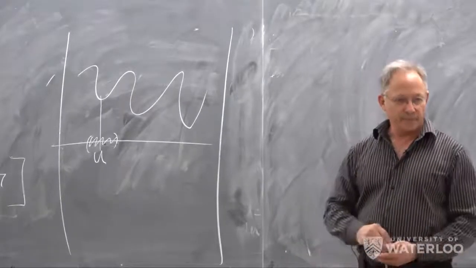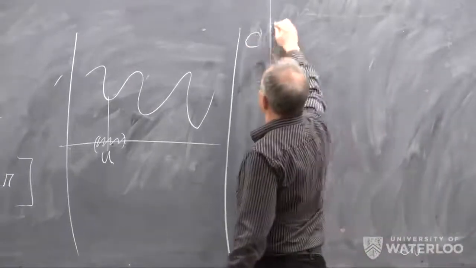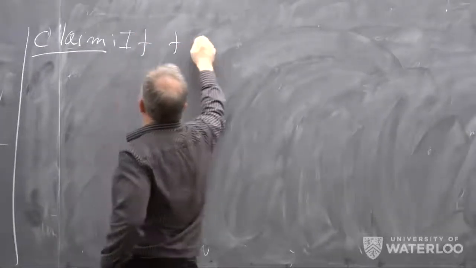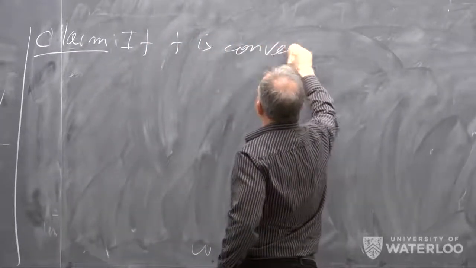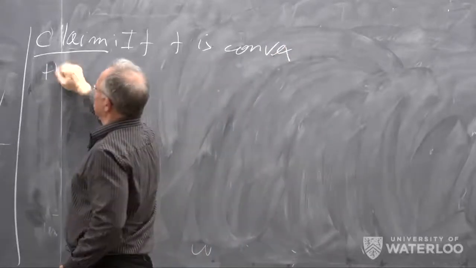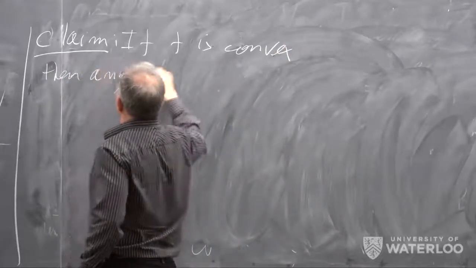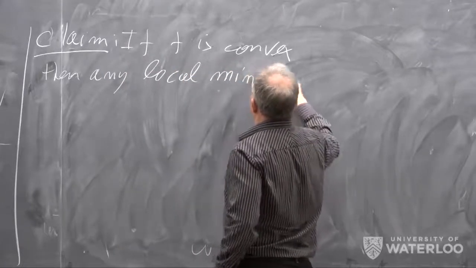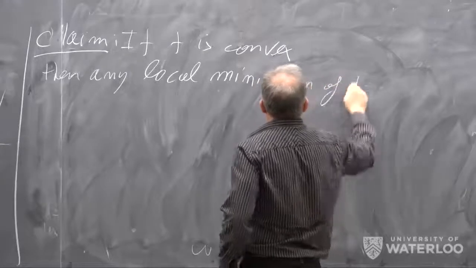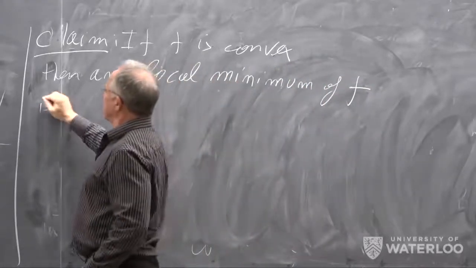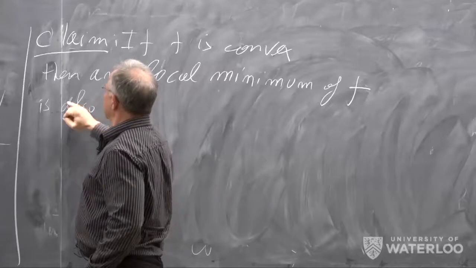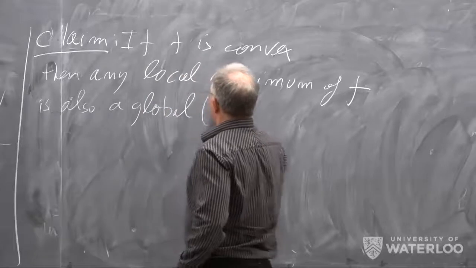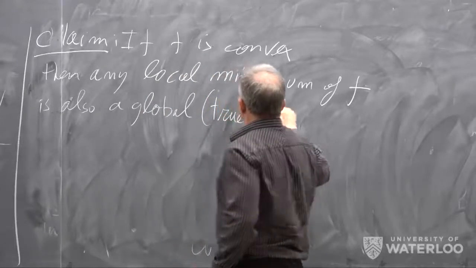Okay. So now I have my claim that if f is convex, then any local minimum of f is also a global minimum.